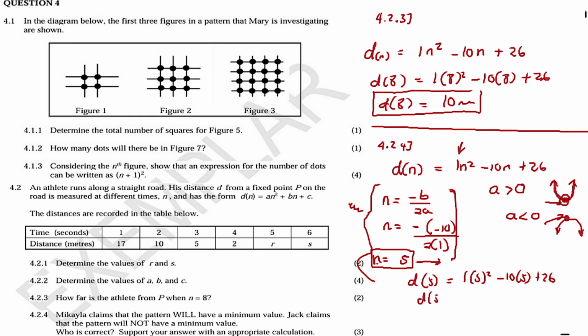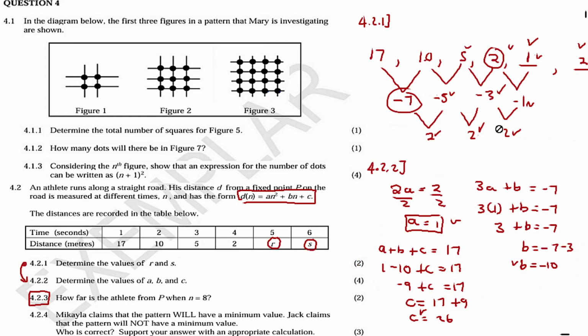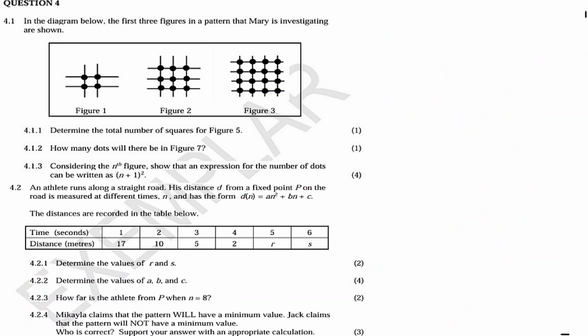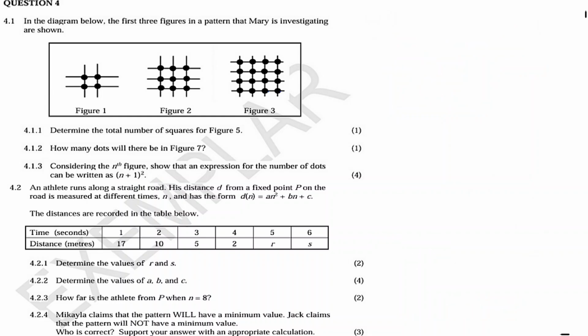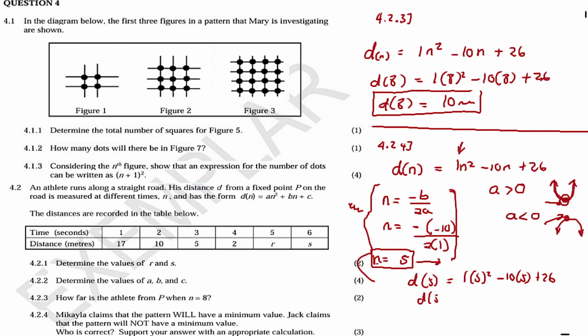Right, you still need to calculate r and q. Here we had 1, and then a 2.